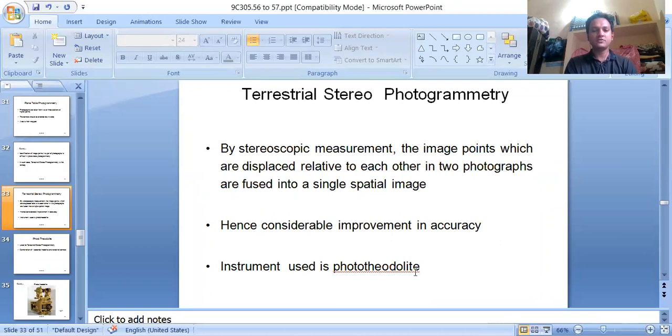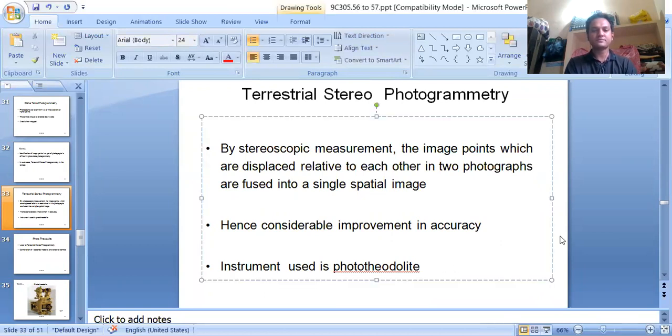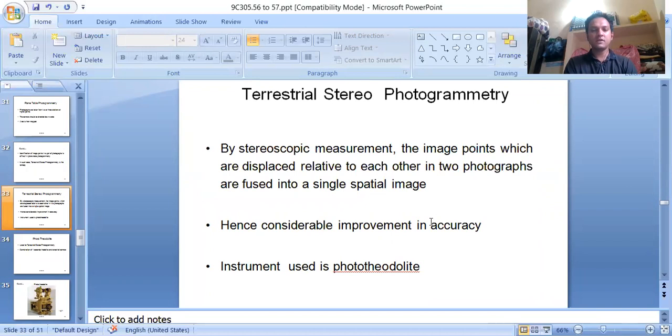So this instrument is used to take the photographs. The one advantage over plane table photogrammetry is it can fuse the two common photographs, and it will give you the single spatial image, which is not possible with plane table photogrammetry.